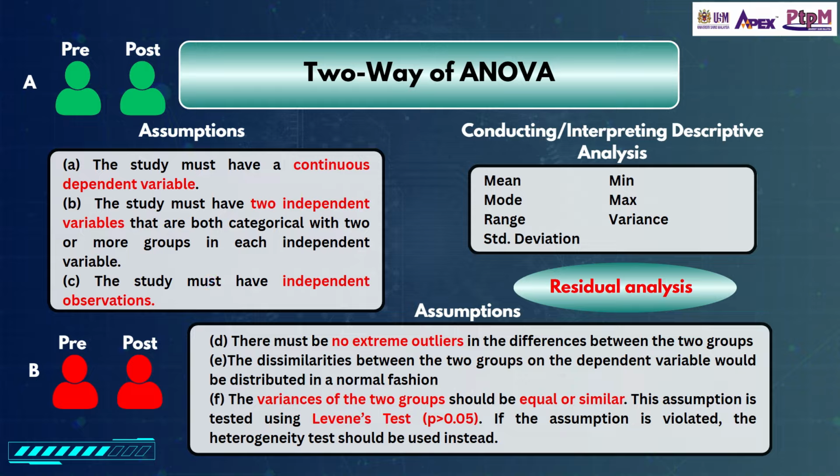Okay, so now after all these assumptions are met, you have to conduct your descriptive analysis to find the mean, mode, range, standard deviation, min, max, variance, and also a normality test, including Levene's test, to see whether the variances of these groups are equal or similar or not, and to see whether you have extreme outliers or not, before you can proceed with the fourth, fifth, and sixth assumptions.